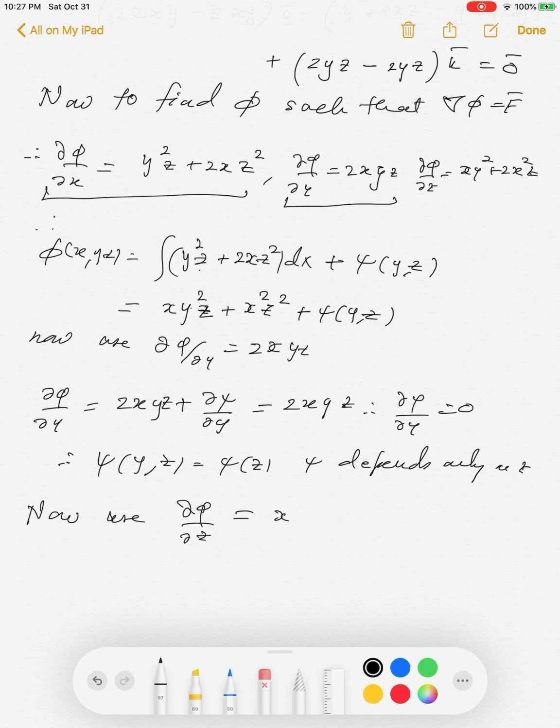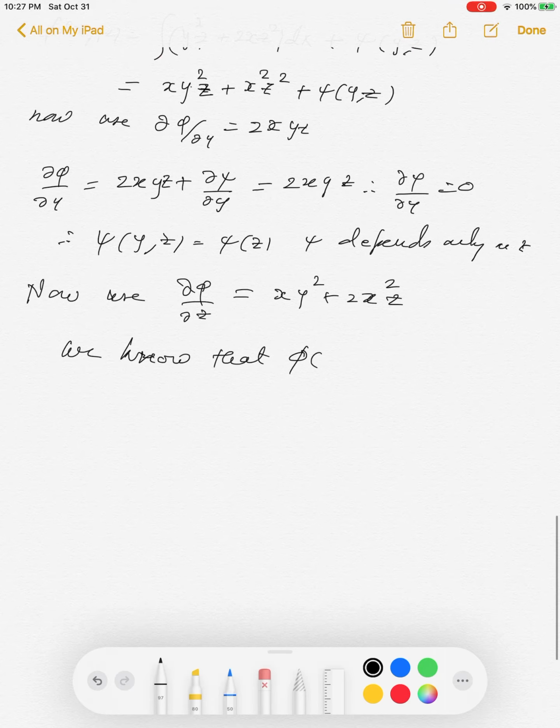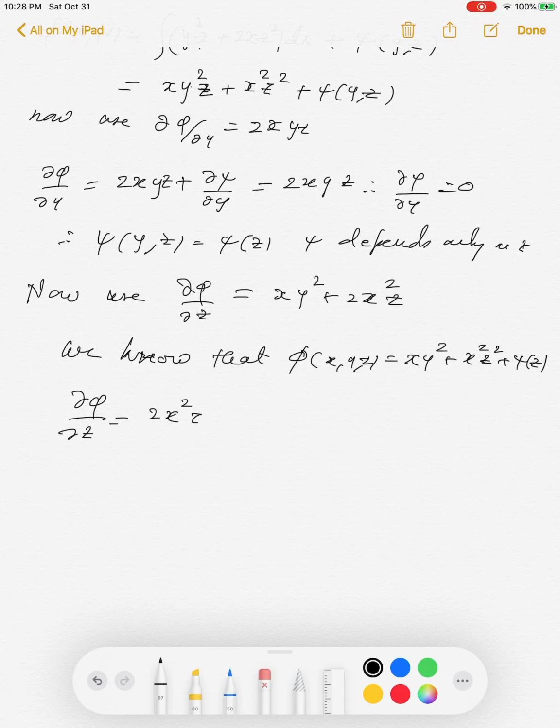Now use the third equation. Now use d phi dz equal to xy square plus 2x square z. So we know that phi of xyz is xy square z plus x square z square plus psi of z.